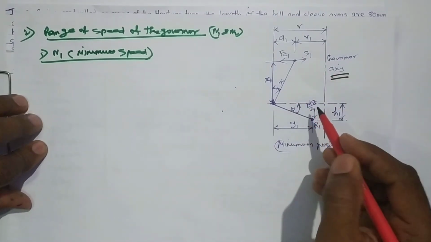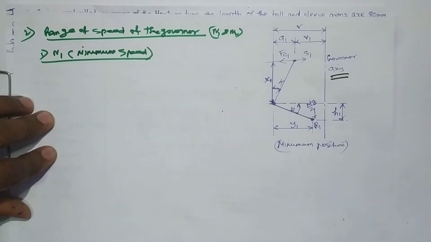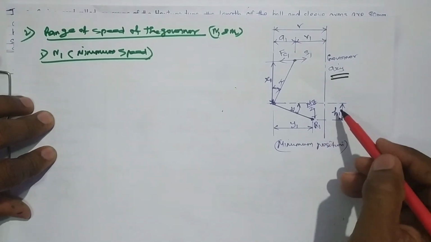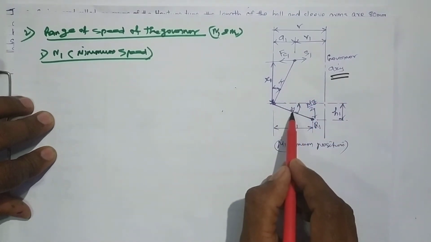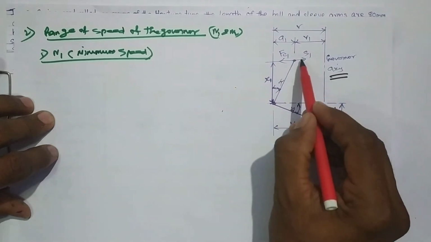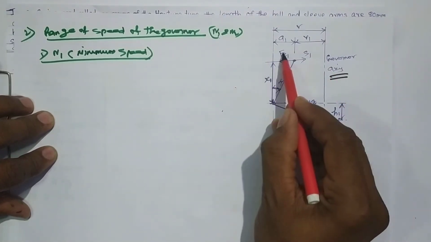So you see this diagram, this is a simple line diagram of the Hartung governor at the minimum position. So this is the lower arm, this is the upper arm, distance y, this is distance x, right? This spring force S1 is towards the rightward direction, centrifugal force Fc1 towards the leftward direction.